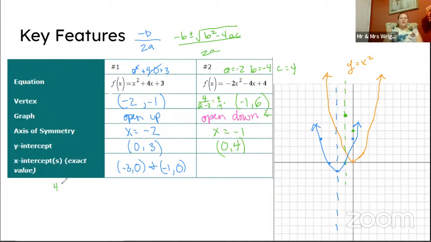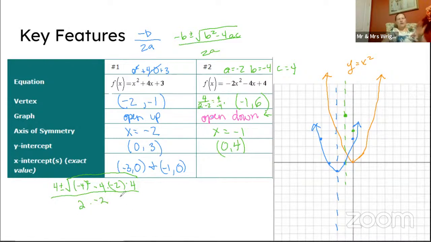Opposite of that is positive 4, plus or minus square root 4 squared. So we need to put that in parentheses, negative 4 squared minus 4 times A, negative 2, times C, which is 4.